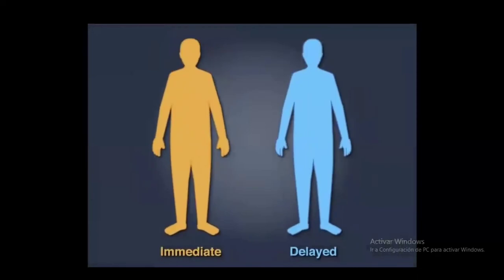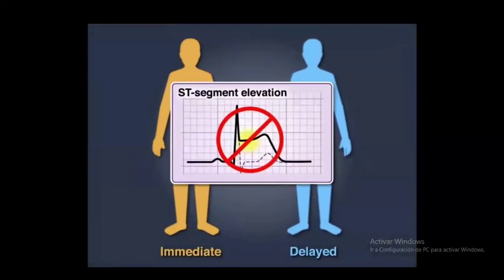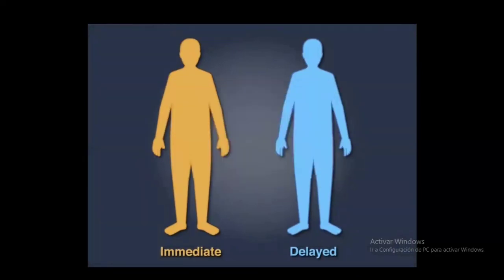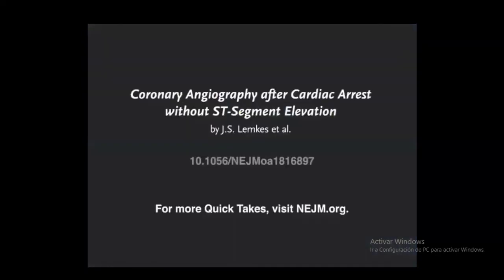The authors conclude that in patients successfully resuscitated from out-of-hospital cardiac arrest without signs of ST segment elevation myocardial infarction, an immediate invasive strategy does not improve survival at 90 days as compared with a delayed invasive strategy. Full trial results are available at nejm.org.